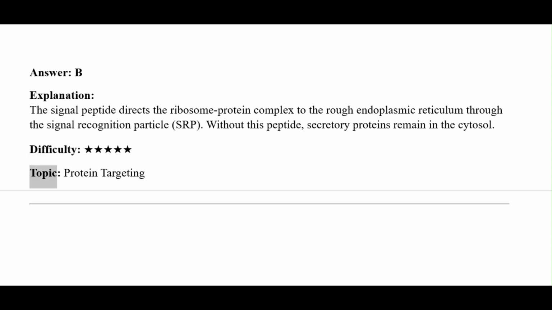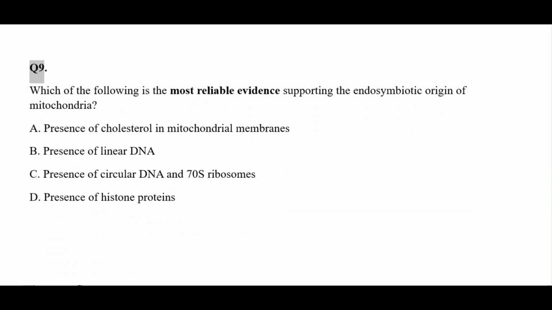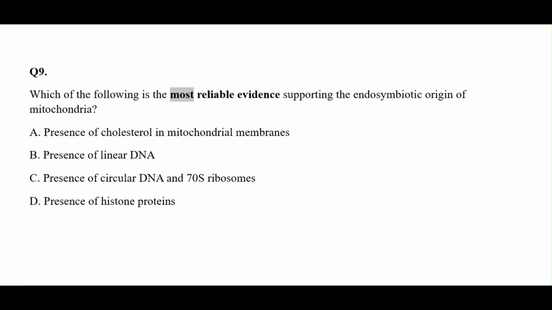Difficulty. Topic: Protein targeting. Q9. Which of the following is the most reliable evidence supporting the endosymbiotic origin of mitochondria? A. Presence of cholesterol in mitochondrial membranes. B. Presence of linear DNA. C. Presence of circular DNA and 70S ribosomes.